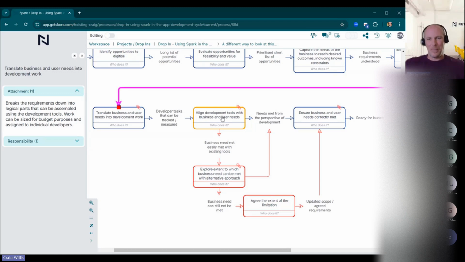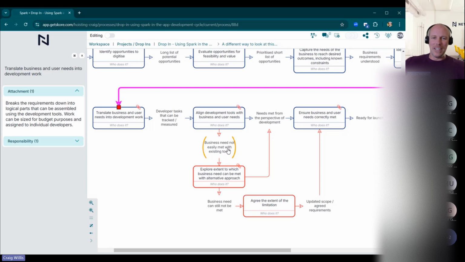That's what developers are essentially trying to do. Now, quite often, where the requirement has been described, it's not always possible to do that technically or easily with the development tools available. So this is where I called out the red bit.